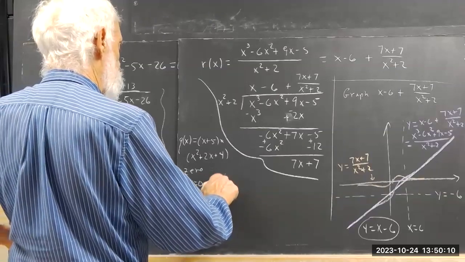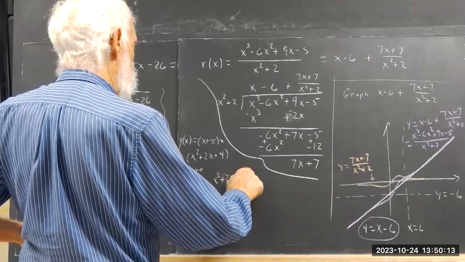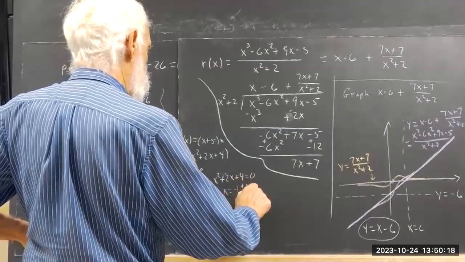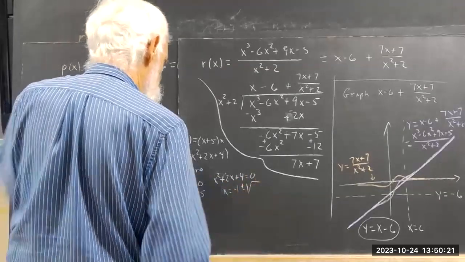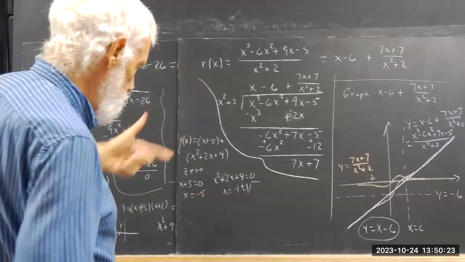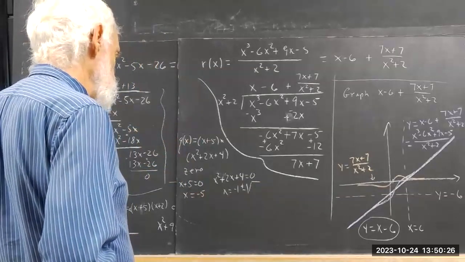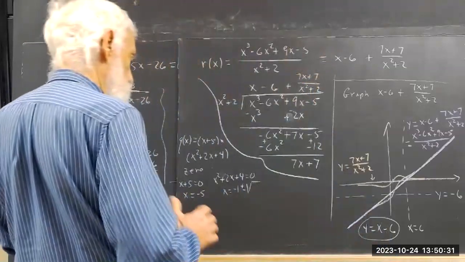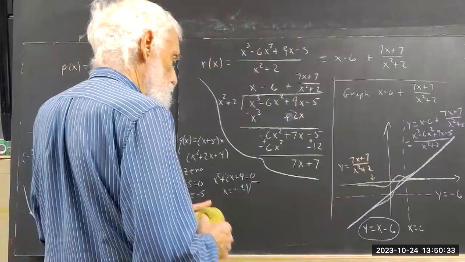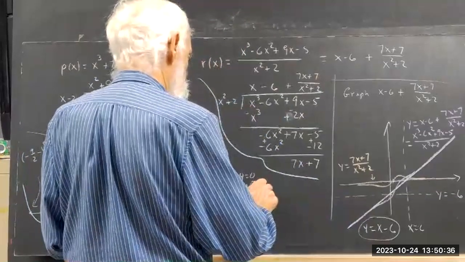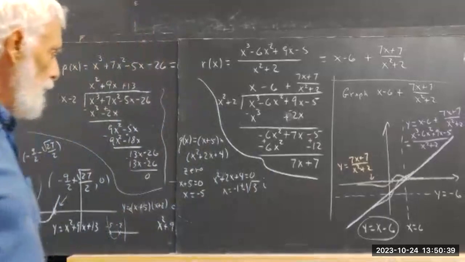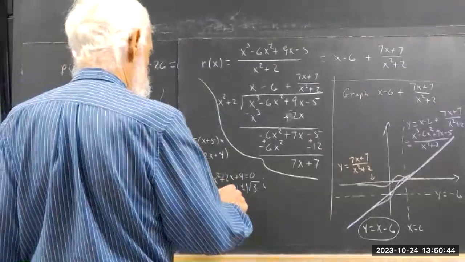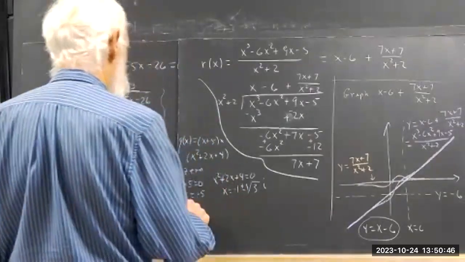And x squared plus 2x plus 4 equals 0, which means x is going to equal -1 plus or minus the square root of 3i, I think. So there are 3 zeros.